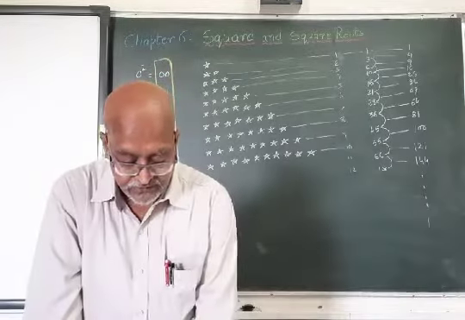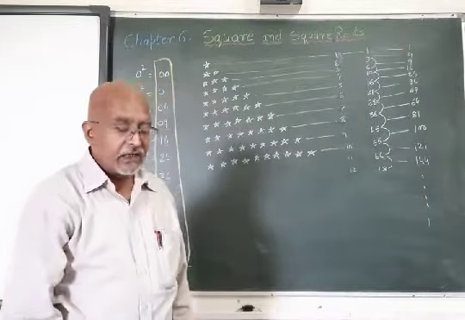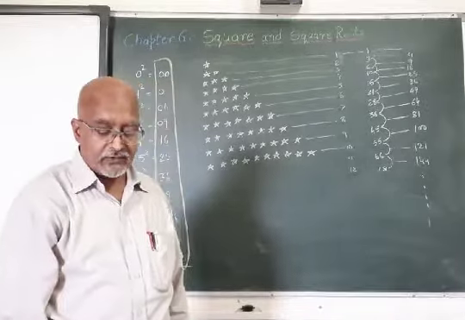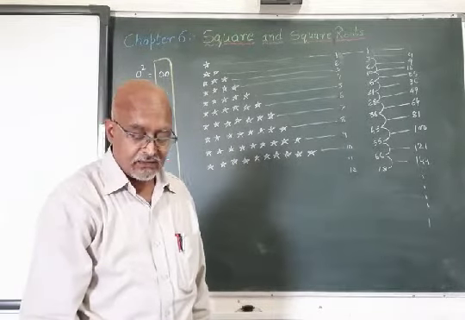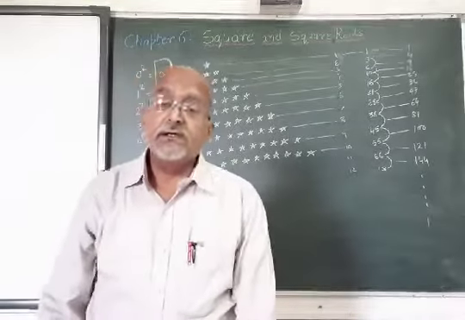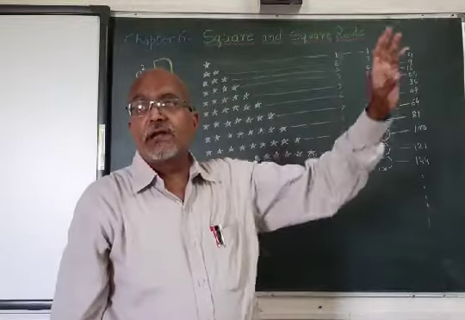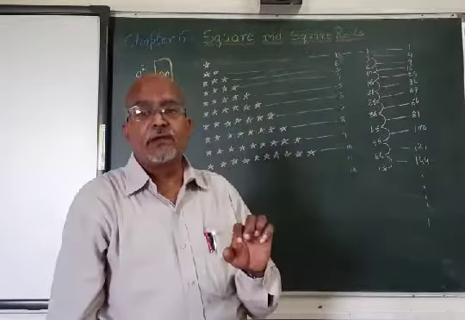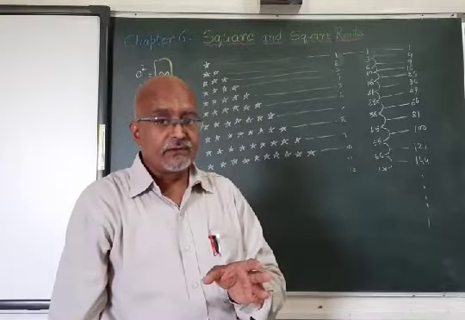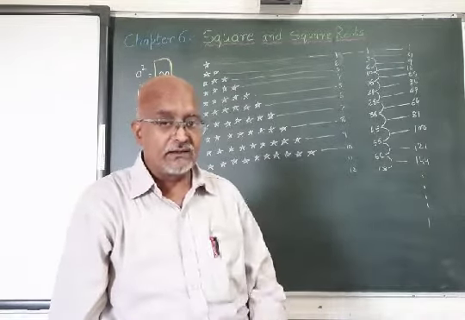Now the first, what I said, the property, according to the property we can easily find out which number can be a square number and which cannot be a square number. Got it clear? Now why we say can be, the reason is I have also shown that not every number having 0 at unit place or ones place is a perfect square. 10, 20, 30, they are not the perfect square, though 0 is there at the unit place.